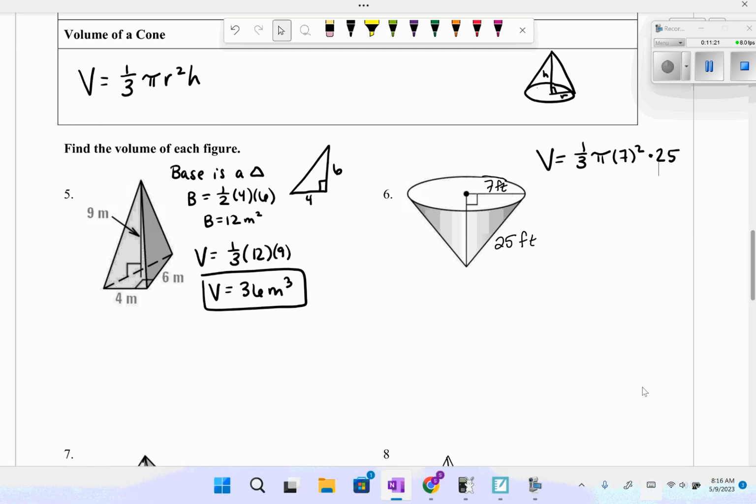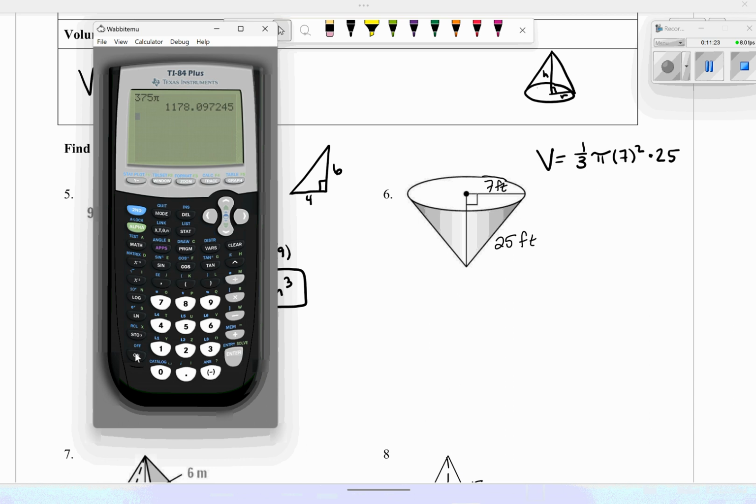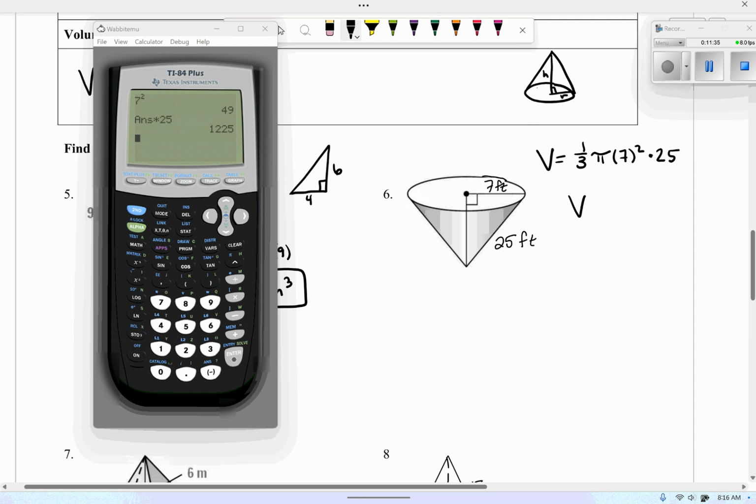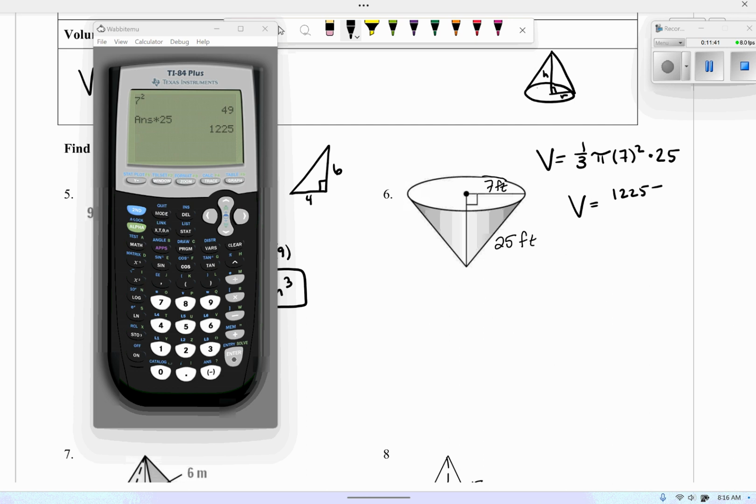And so for this one, we have 7 squared, which is 49, and we're multiplying that by 25. So that's in my numerator, because that would be times the 1, because remember this is all over 1. So the volume equals 1,225 pi divided by 3.